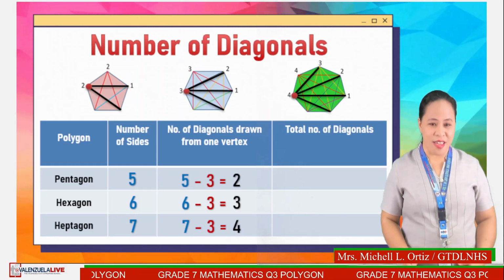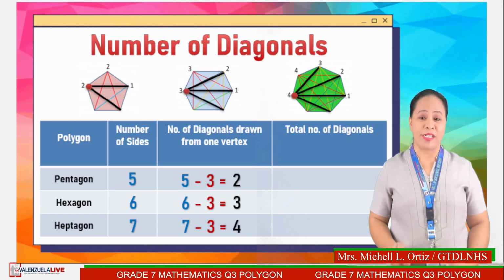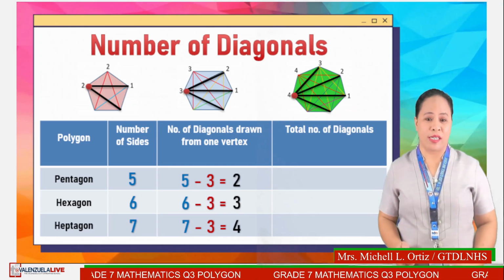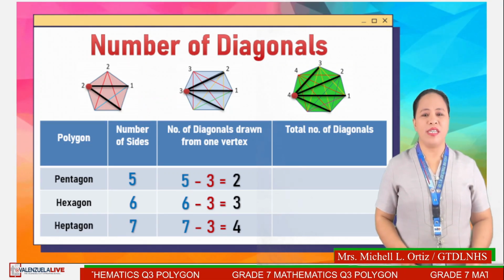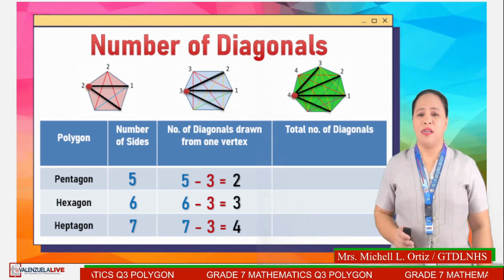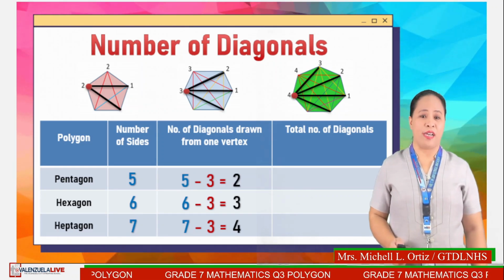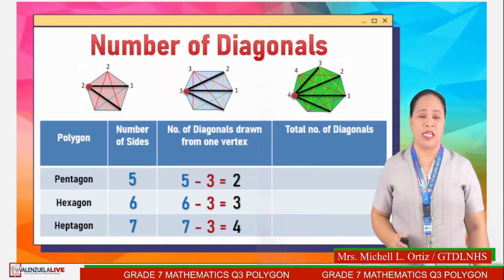Why subtract 3? Simply because we cannot use one vertex and the other 2 vertices that are adjacent to it to form a diagonal. As you can see, in a pentagon there are only 2 diagonals in every vertex, 3 diagonals in a hexagon, and in a heptagon, 4 diagonals in every vertex.